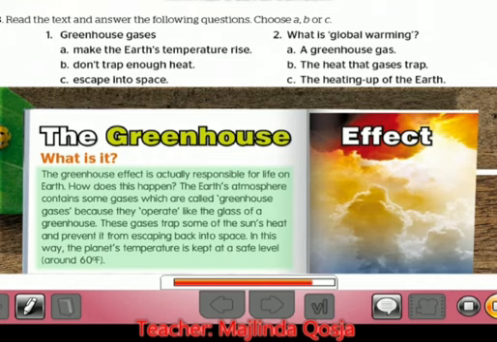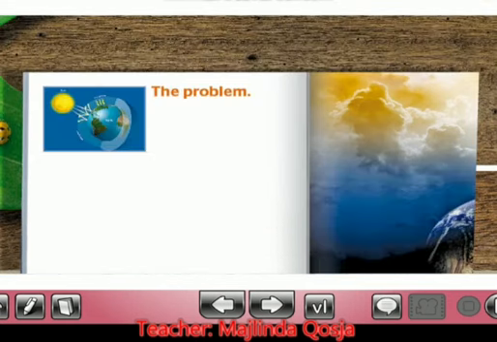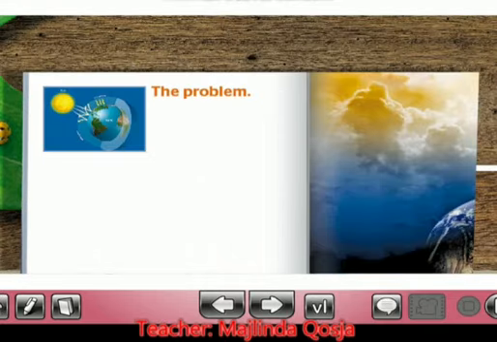In this way, the planet's temperature is kept at a safe level, around 60 degrees Fahrenheit. Greenhouse gases make the Earth's temperature rise. What is global warming? The heating up of the Earth. The problem.